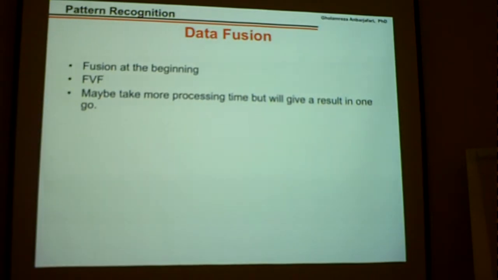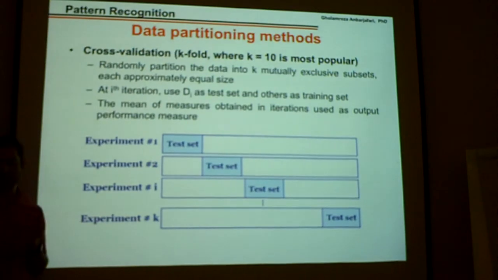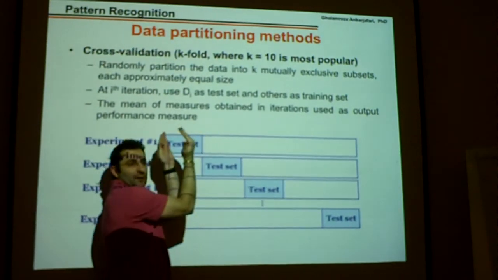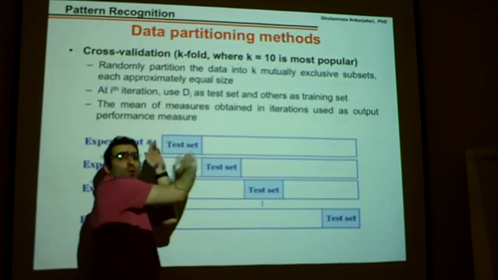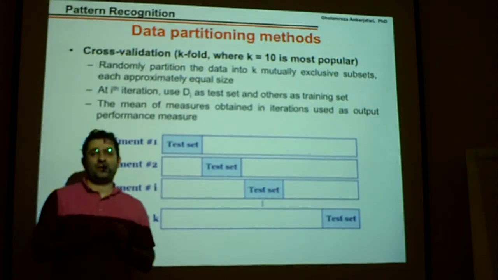Now, if you remember, there was a week that I was on here and Pejman came and we talked about some data partitioning methods, right? And we had something which is called k-fold cross-validation. What we do, we take some part of our data out, we keep the rest and we use it as a test. It's already labeled, but we treat it as not labeled so we can see whether we have an error or not.